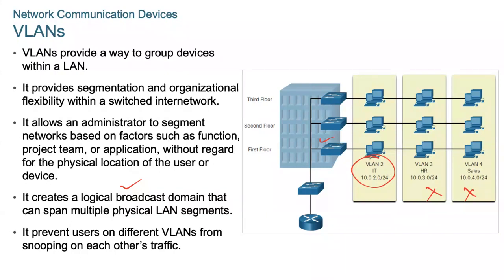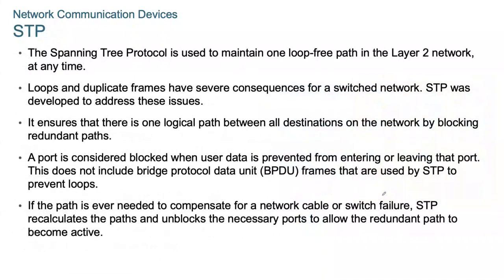That means the traffic belonging to the group of computers in IT will not be forwarded to the HR group, though they are connected to the same switch. Okay, so this is the advantage of virtual LANs, to improve the performance of your network.